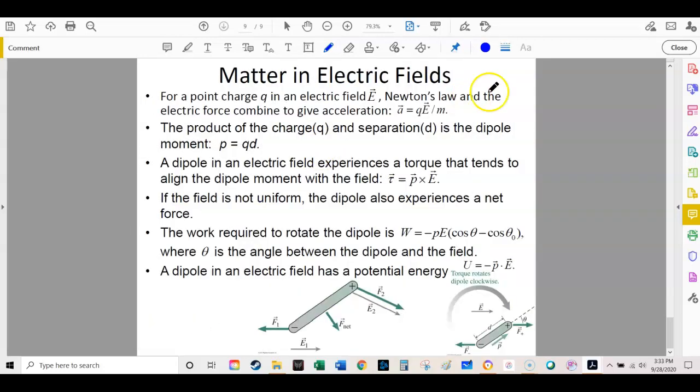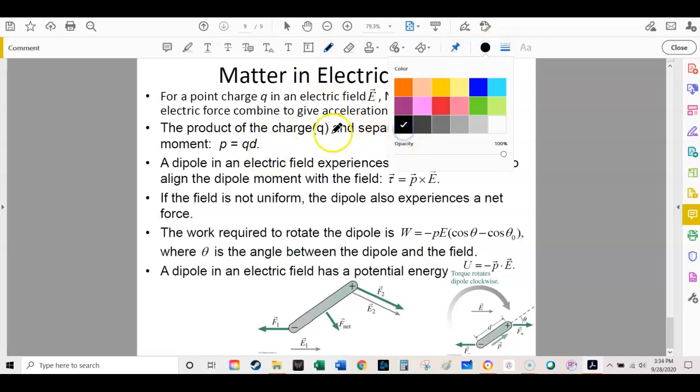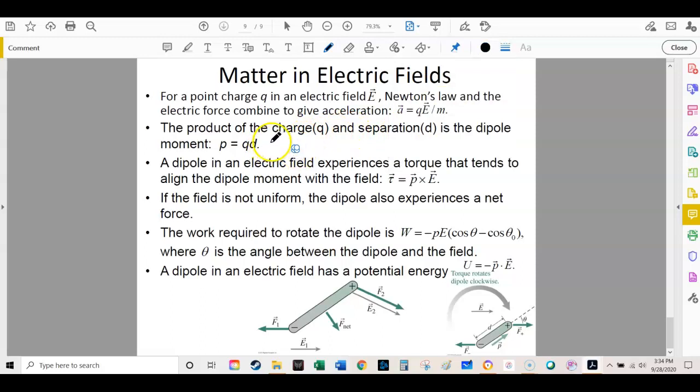The last thing to talk about is how you apply, as we talked a little bit in the last chapter, the electric dipole moment. So P is the electric dipole moment.